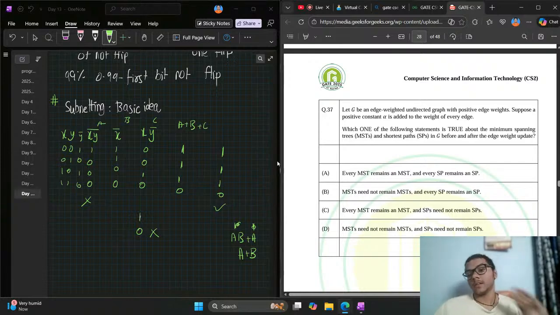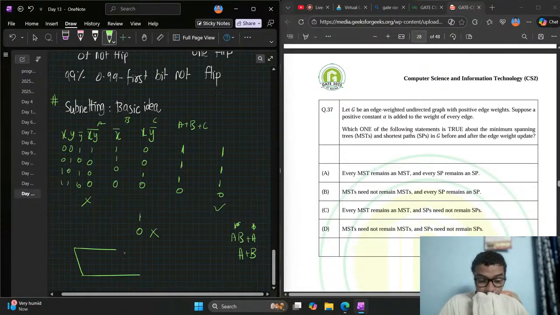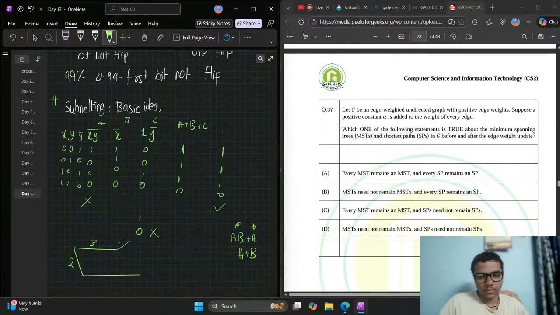Edge-weighted undirected graph with positive edge weights. So shortest path. So 3, 2.